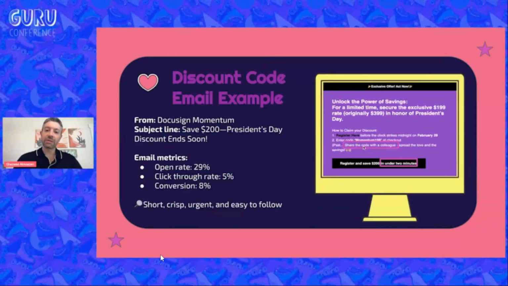Then we invited them to share the code with a colleague, so share the benefit, bring someone else with you, and you can both get the discount. We also noted that registration takes under 2 minutes, so it's a quick and painless experience. The message of the email is clear: take advantage of this and register as soon as you can before the code expires.